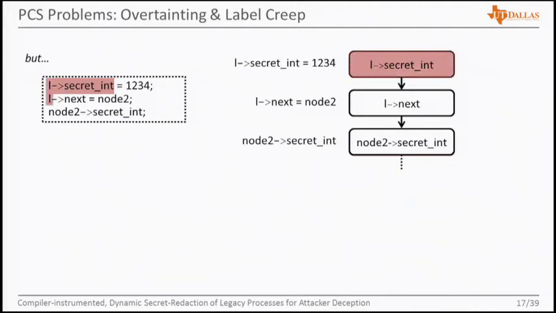Because the pointer is tainted with the label of the user, the value gets tainted with that pointer's label. But then, when we assign a freshly allocated node to the next pointer in that linked list, it also gets tainted. And this is problematic because now we are propagating the label from the previous user to the next user, which during dereferencing leads to over-tainting.